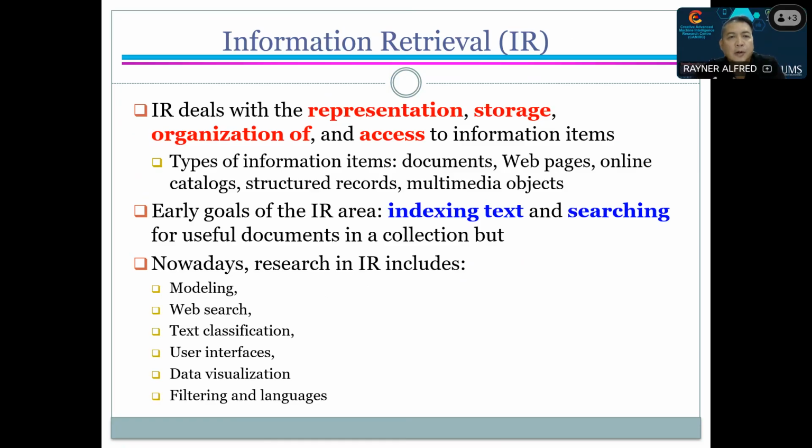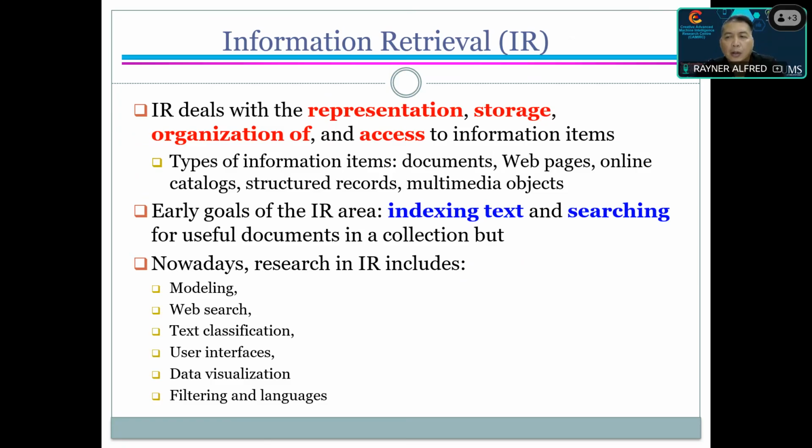Okay. So when we deal with information retrieval, basically we are dealing with how we represent the text, how we model all the documents that we have, and based on that, how we store and organize this information in the system so that it is easier for us to access and retrieve.